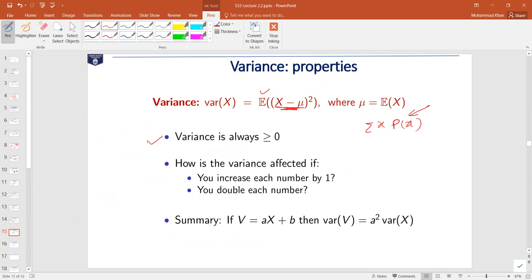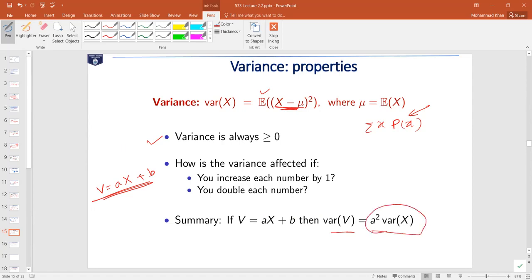Now, similar to the previous example, where we define a new variable b with respect to x, if we change it like this, we do not need to calculate another variance for b if we know the variance of x. This will be the variance of b.